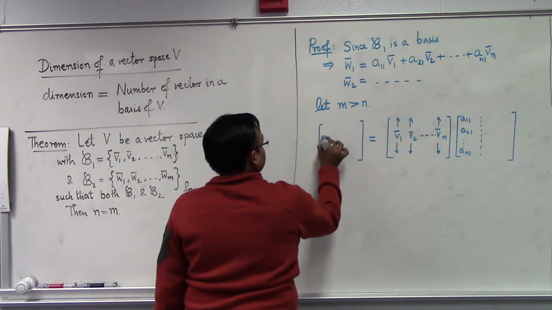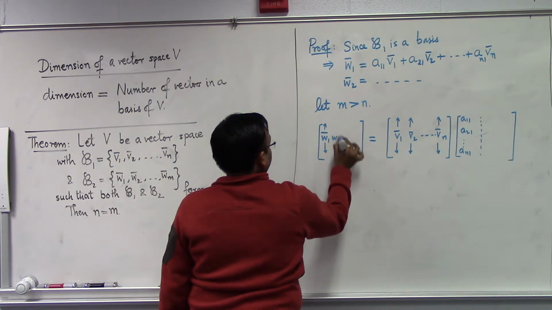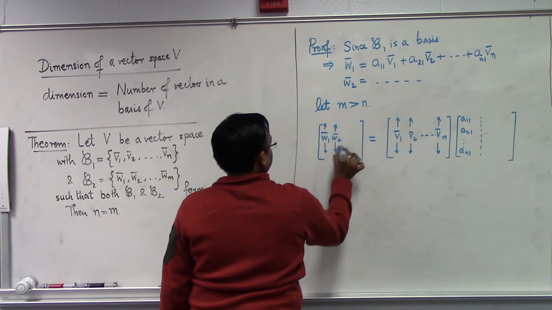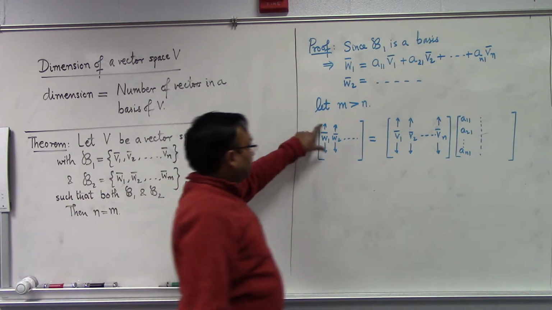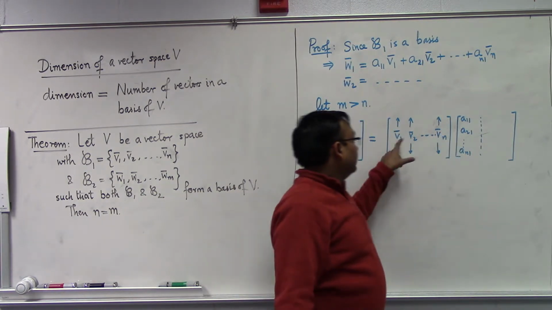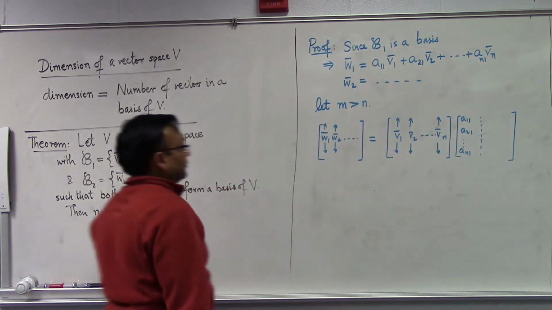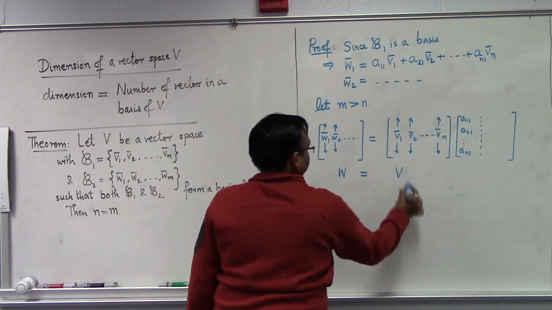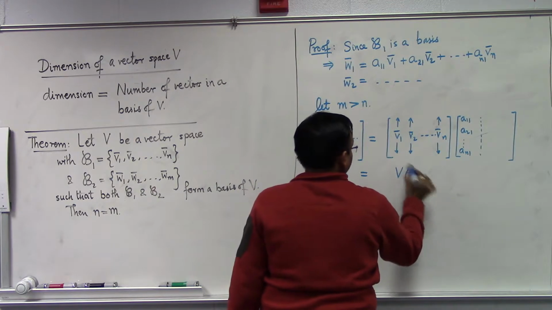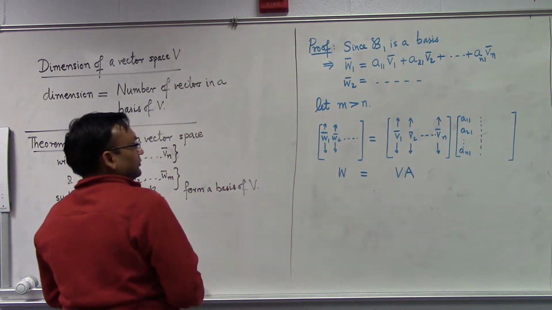And here is my W1, W2, so on and so forth. So each W, for example W1, can be written as a linear combination of the Vi's, W2 can be written as a linear combination of the Vi's. So this is what we are capturing. So this is my matrix W, this is my matrix V, that is my matrix A, and so on and so forth.